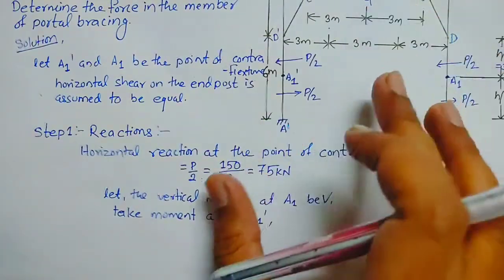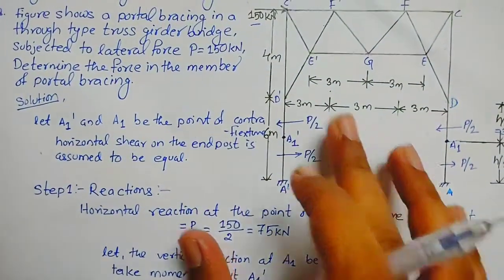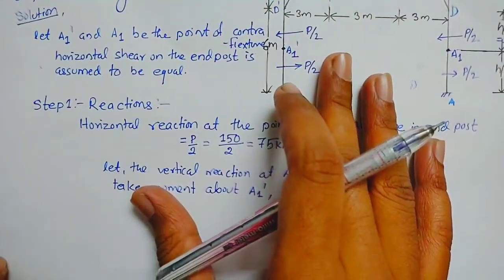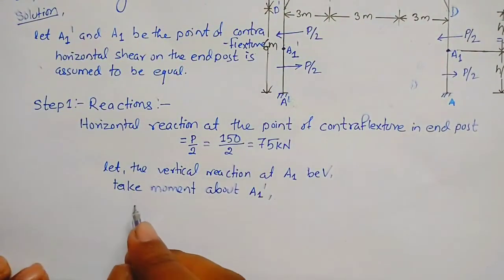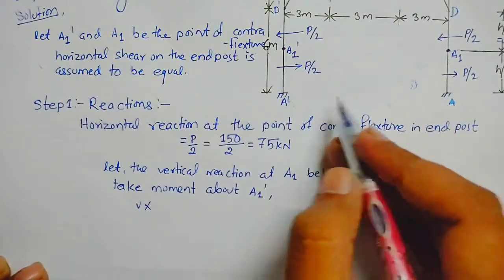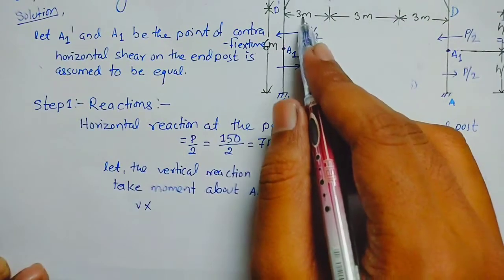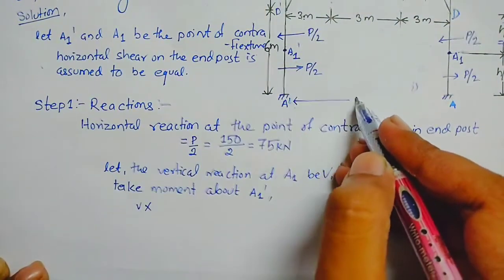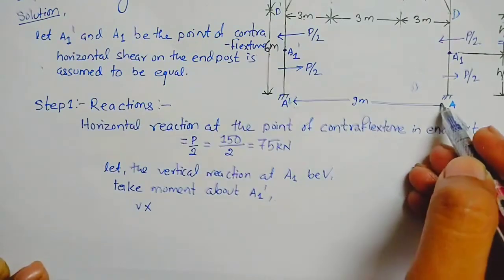On taking moment about A1 dash, our vertical reaction at A is taking anti-clockwise direction, and this 150 kilonewton is taking clockwise direction. So what we can write here is V times the perpendicular distance, and the perpendicular distance is 3 plus 3 plus 3, which is equal to 9 meter.